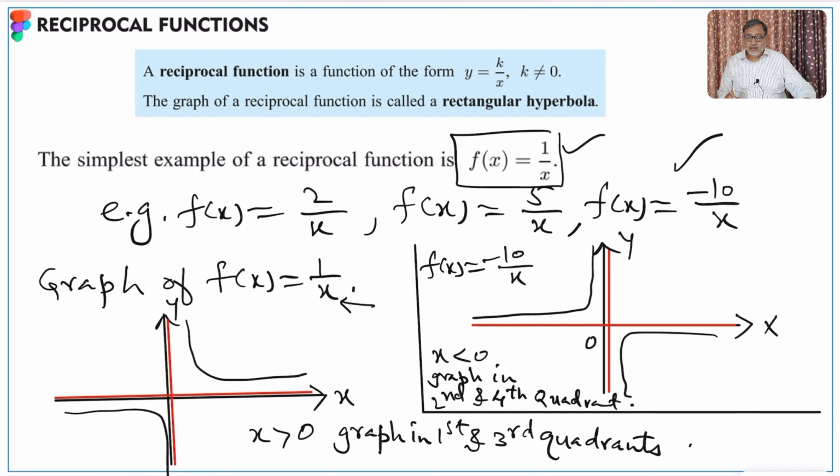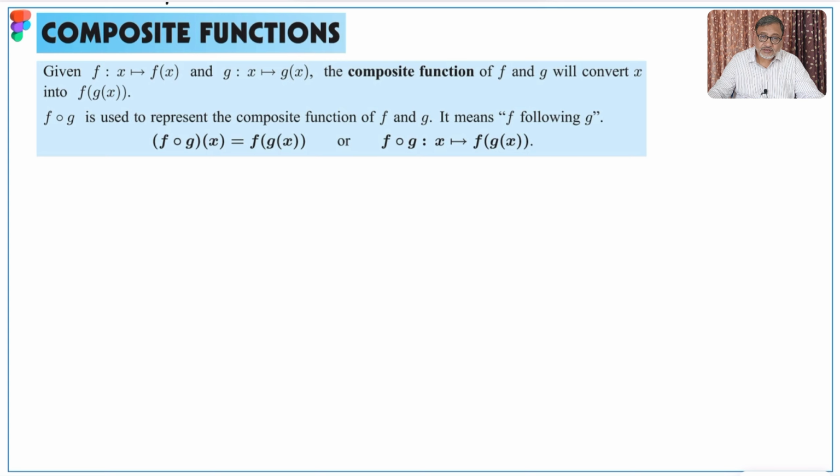Okay, so like that you should remember, when the highest power of x is positive, the graph will be in the first and third quadrants. If the highest power of x is negative, then the graph will be in the second and the fourth quadrants, right? Okay then.